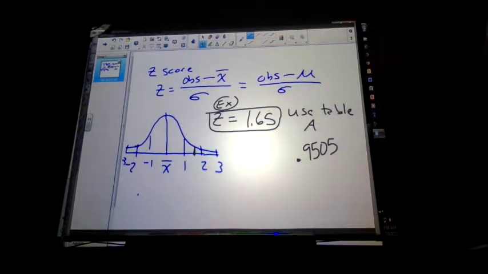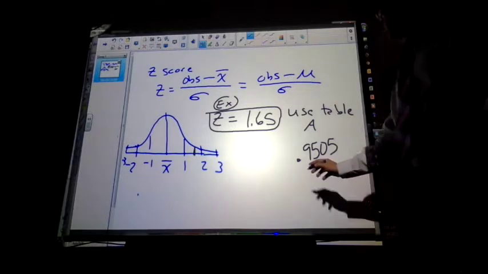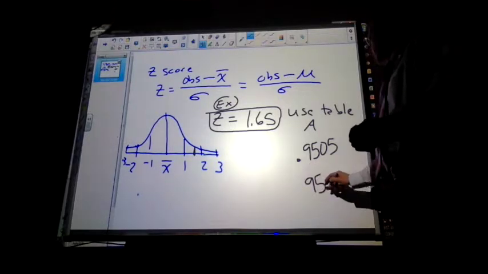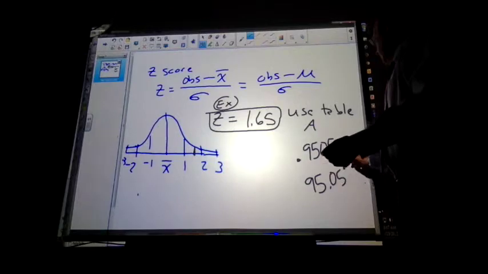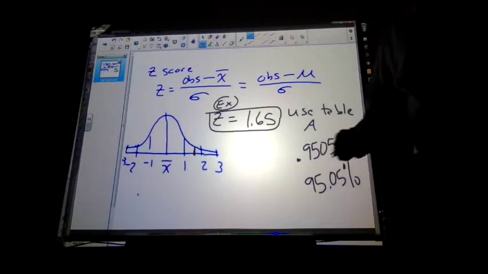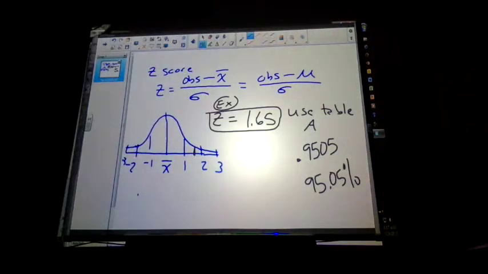Okay? So that's a portion of 1, and if you wanted to make it a percent, you just move the decimal 2 places over, which a lot of times the percent can be called something called the percentile. Okay?